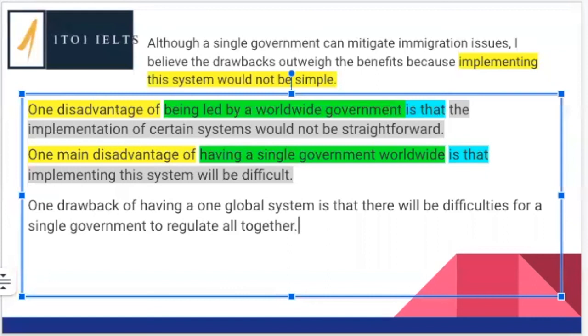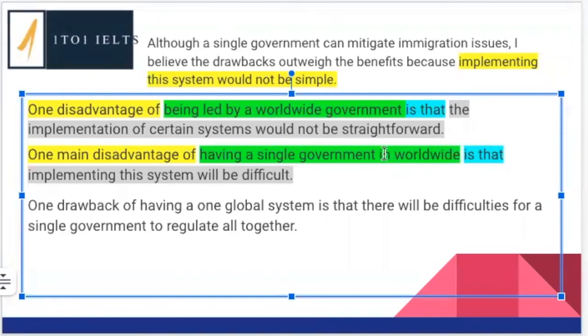Rajat said it should be single worldwide government, as you mentioned earlier. So I was saying both of these are actually okay, because in this instance it acts as an adverb. So if you're using it as an adverb, it's okay. What you cannot do here, Rajat, is put in.